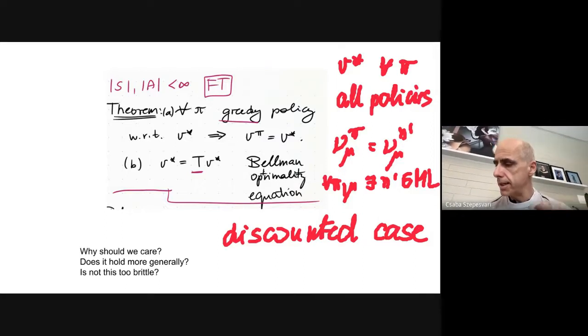So the reason we love it is because it separates the reward out, right? The value can be expressed as an inner product between a state occupancy measure and the reward function, and that is just super useful.